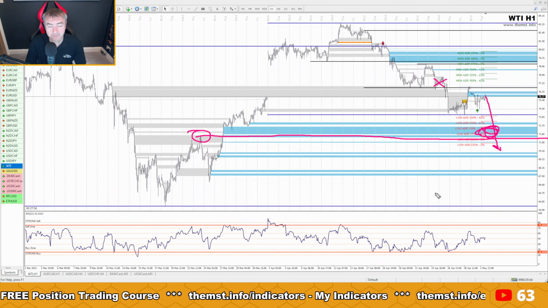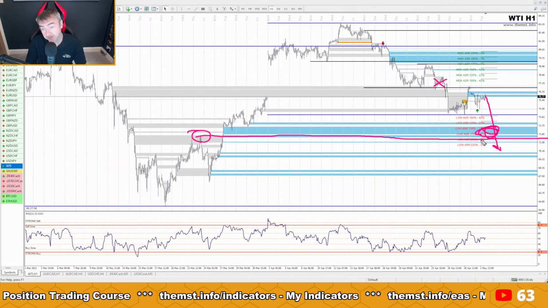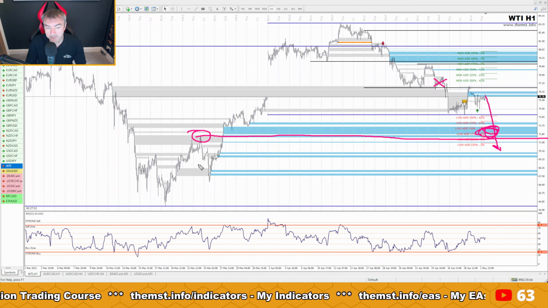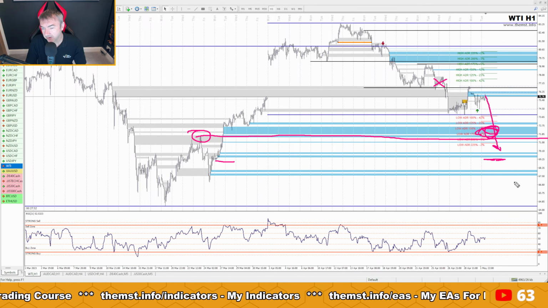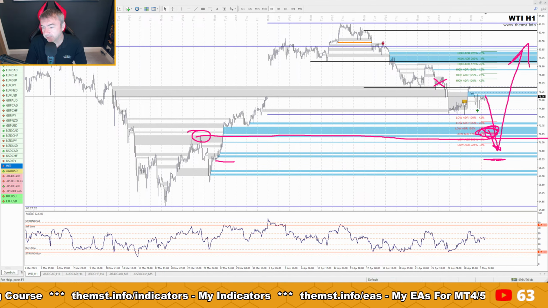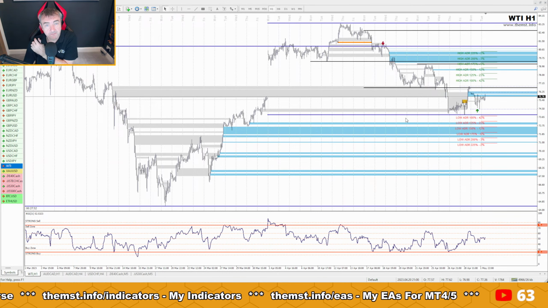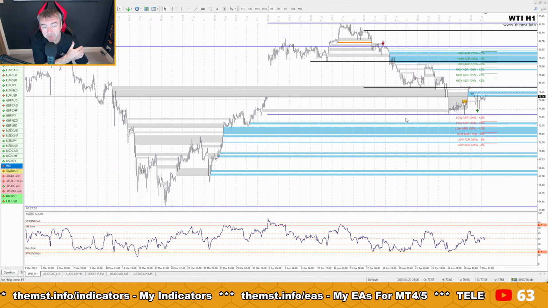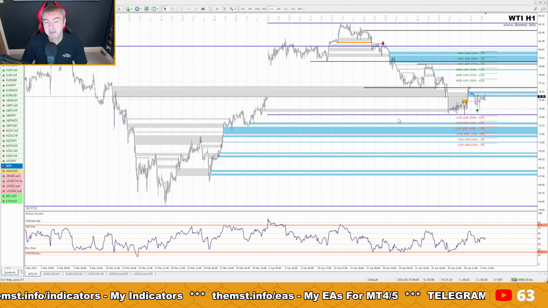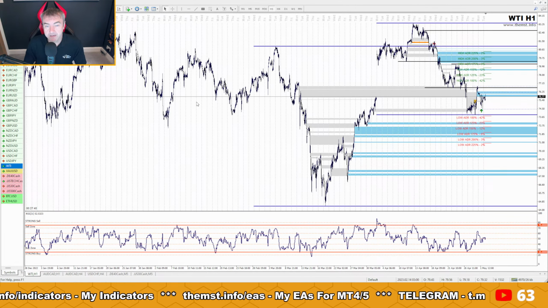I may well keep that second one on if I get it, if it comes down there, and then maybe place a stop somewhere around there on that one. But I'm always playing oil with a stop because I don't know it well enough to position trade it, and it can move very quick.